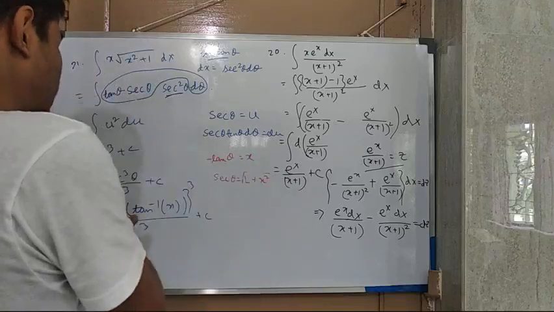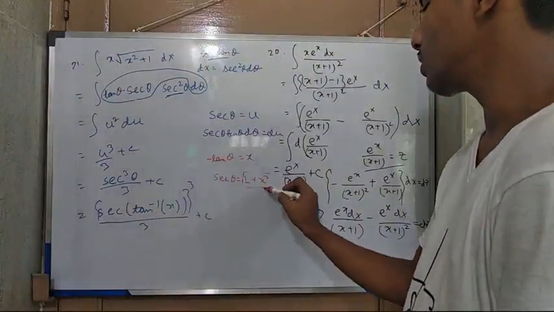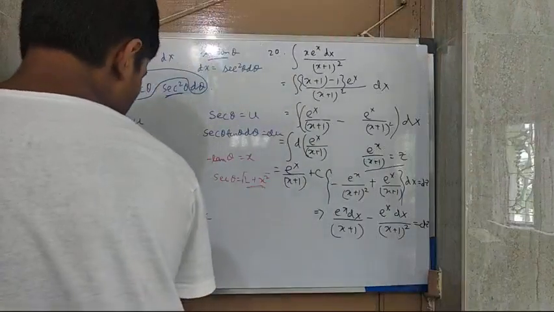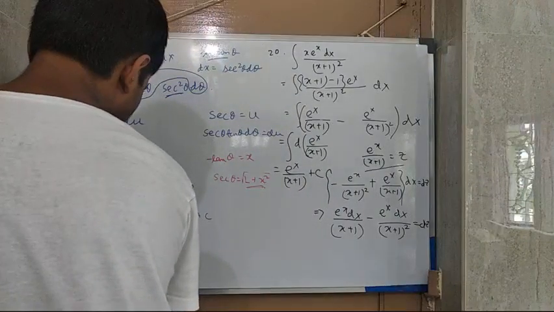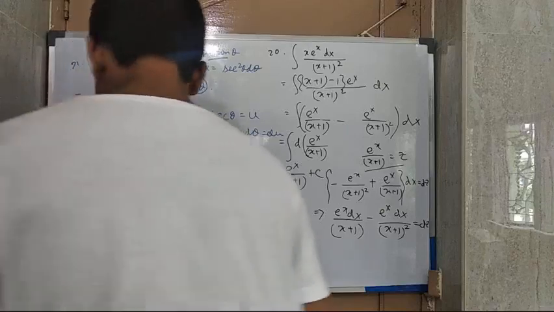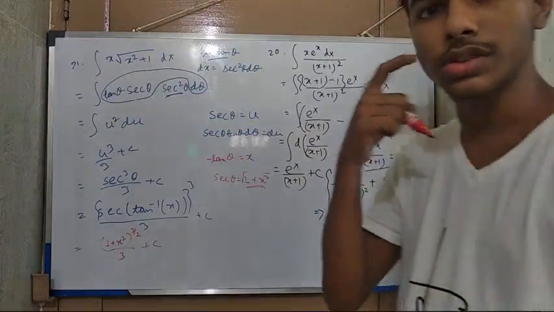So that sec and this sec inverse cancel each other, and only this remains. So this can also be written as (1 plus x squared) to the power 3 by 2, by 3, plus c. So this is our final answer for the 21st question.